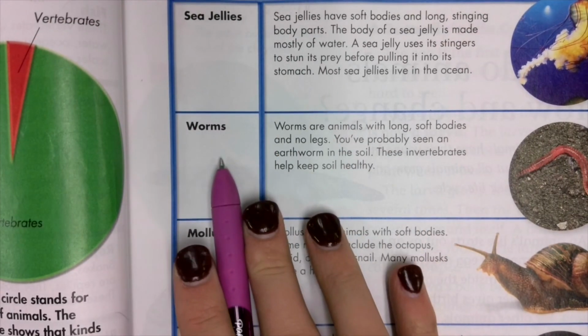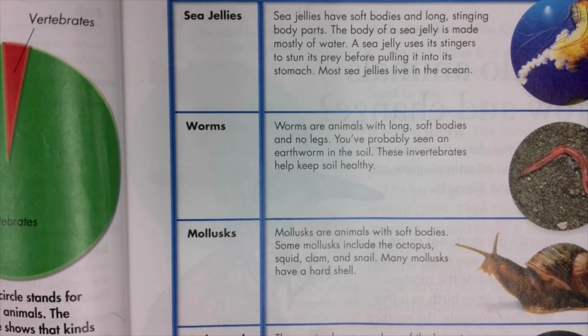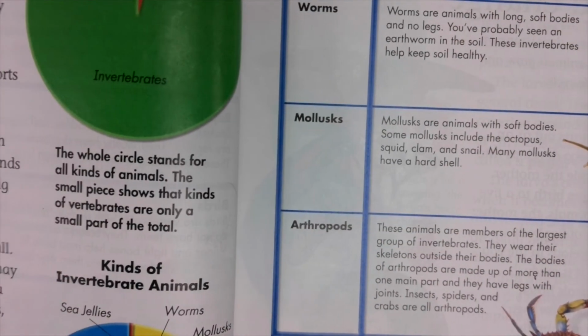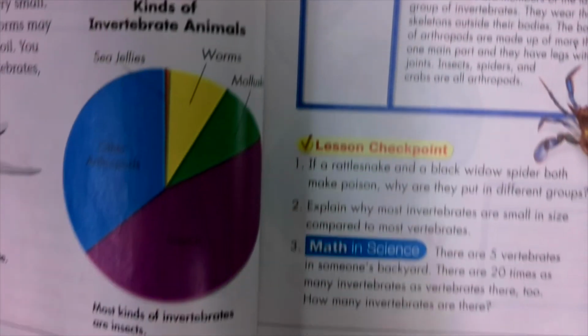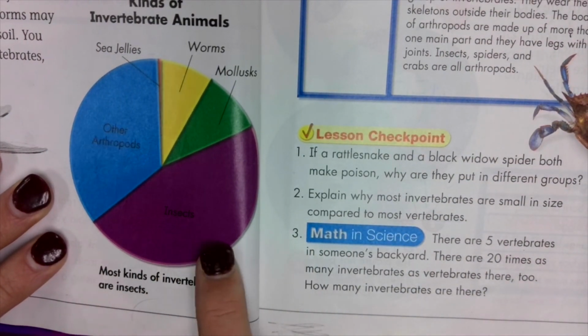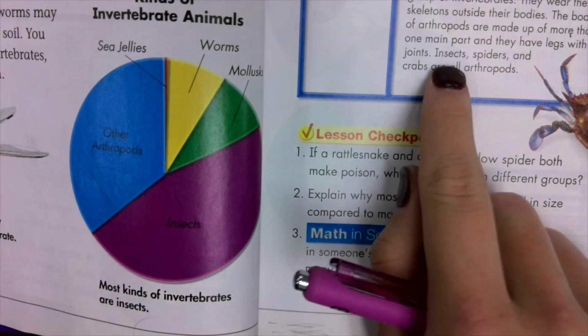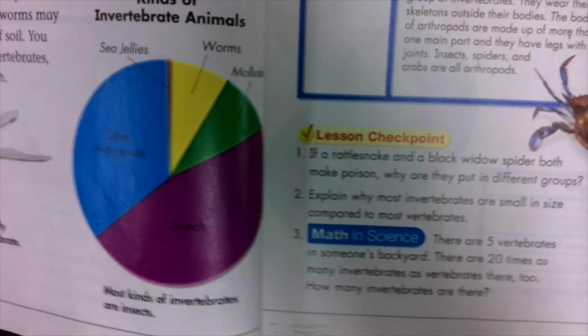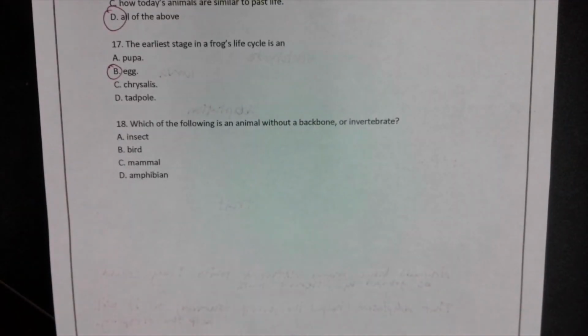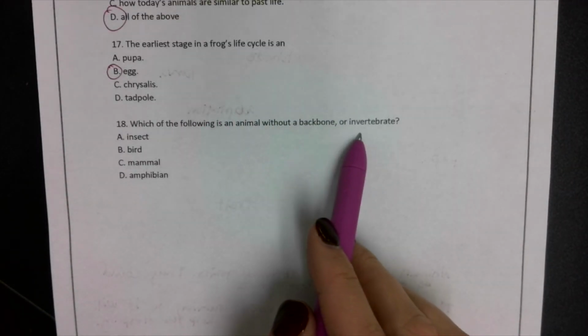We had sea jellies, worms, mollusks, or arthropods. Don't forget, when we look down here, we also had insects. Okay, insects are types of arthropods. Which is defined as an invertebrate?